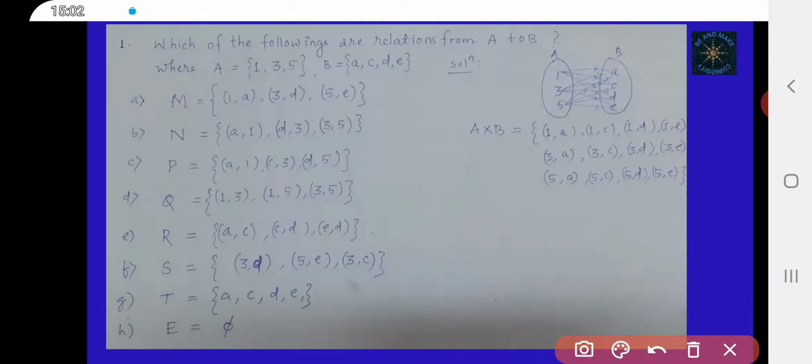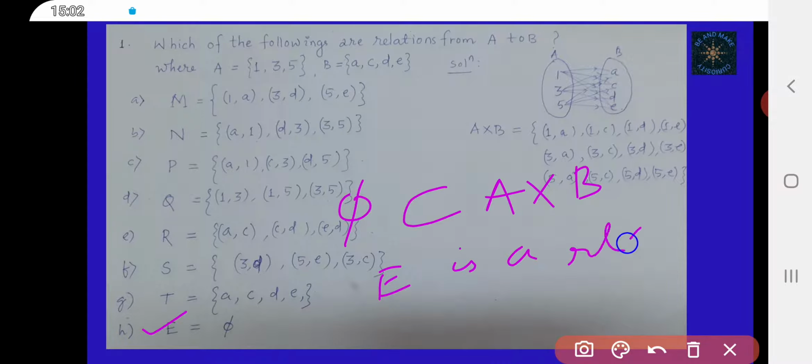You know, phi is a subset of every set. Yes? So phi is a subset of A cross B also. So the E set is a relation.